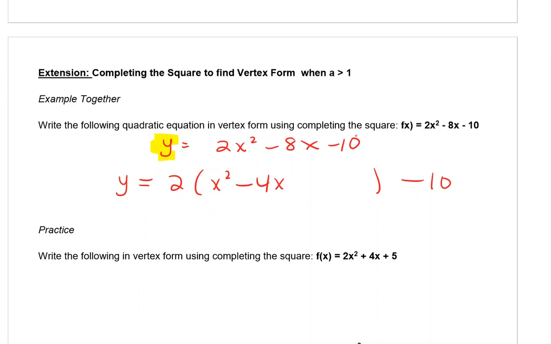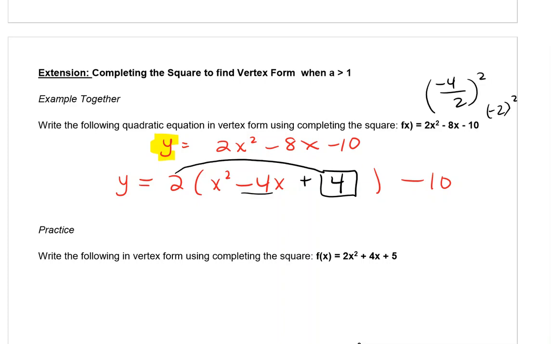Minus 10, 2 times x squared minus 4x. Okay. Now, I need to add something into this spot to make this a perfect square trinomial. Notice I put a square. We're going to complete the square. We take that b, which happens to be negative 4. We divide it by 2 and then square it. So negative 2 squared, which is 4. Okay. But I really added 8 because see how I have that 2 factored out on the outside?